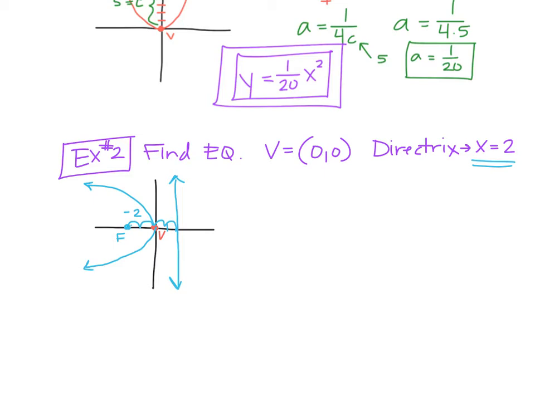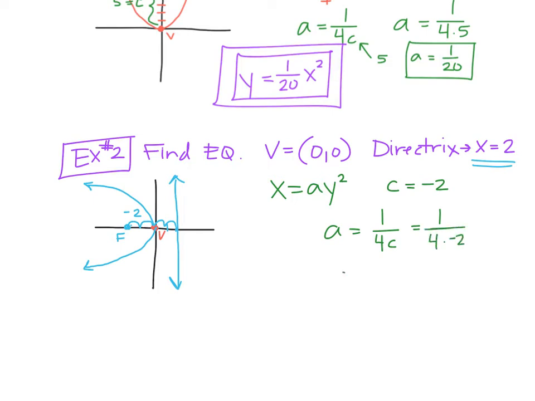So a couple things. Because it opens to the left, we know we're using this equation. And we also now know that our c we're going to use as -2. Okay, distance to the focus, but negative because it opens left. So if we plug this into our formula, 1/4 times c is going to be 1/4 times -2.